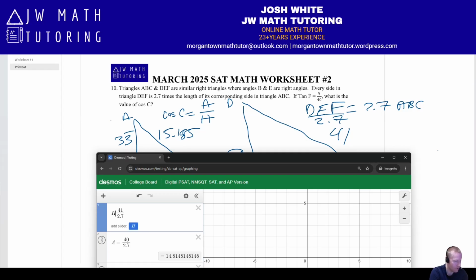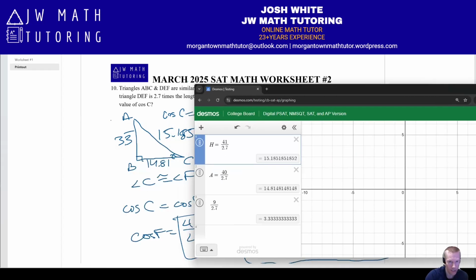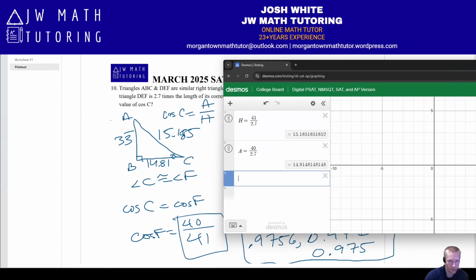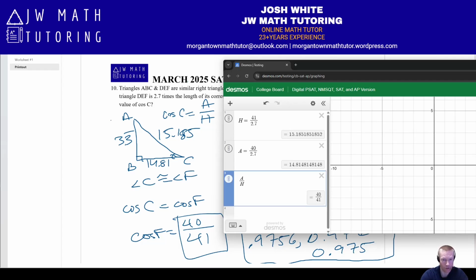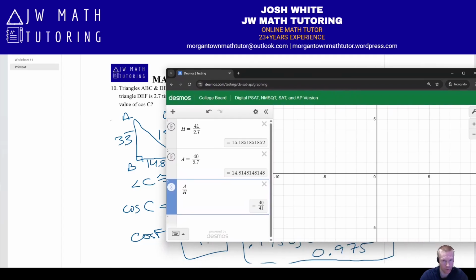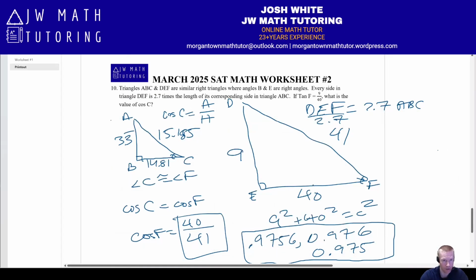So I'll just define this as H. Okay, and now I can say I know that cosine C is just equal to adjacent over hypotenuse. And notice I get the same decimal here, but because I defined A and H as the exact values, if I click this, it gives me the nice 40 over 41 if you want to enter it in fraction form. So this is just an alternate approach if you actually wanted to find the exact values for every side in ABC and then calculate cosine C from there.